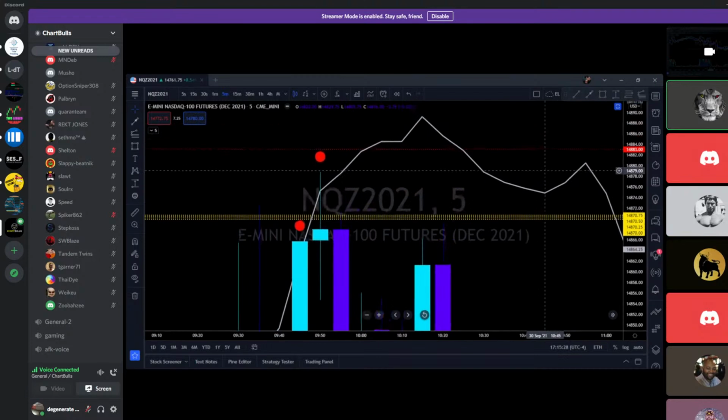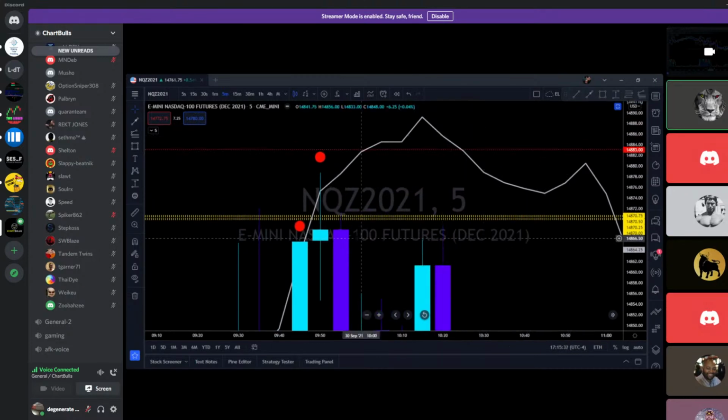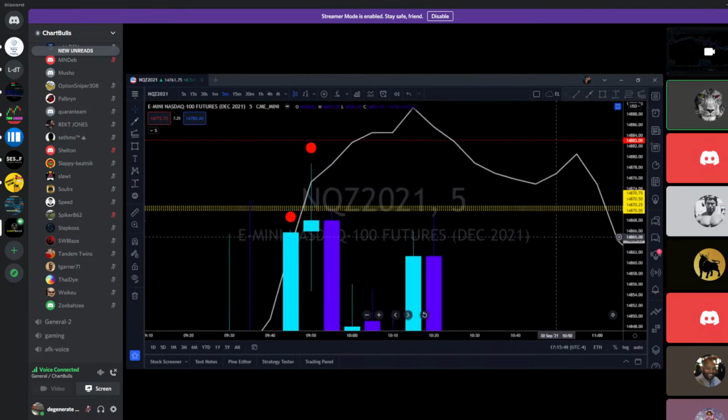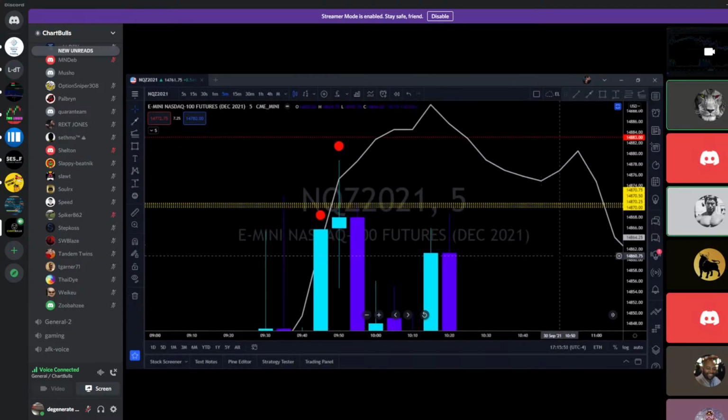Because if I'm wrong, I want to be wrong at 13.75. It may roll past it 6.5 points, but it shouldn't go another full 13.75, because that's where the structure is. It shouldn't go there if this trade is correct. So okay, that's how I do that.